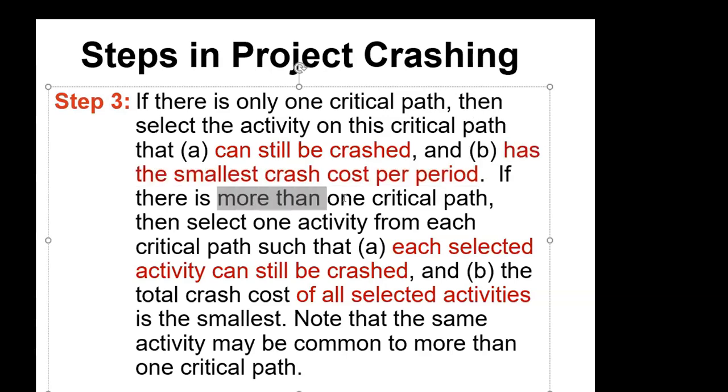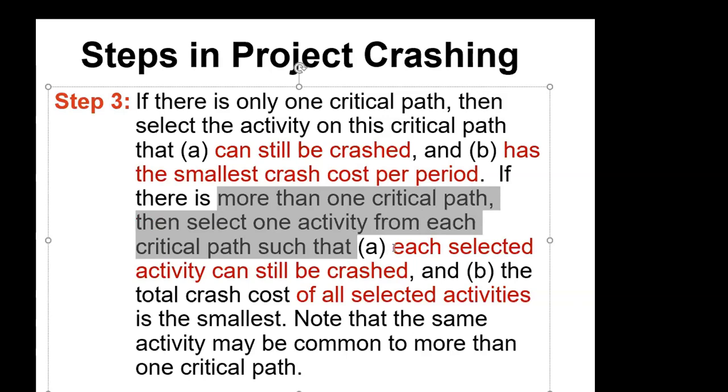If there is more than one critical path, then select one activity from each. So if you have 2, if you have 3 critical paths, right? More complex problems might have 2 critical paths. If that happens, you need to crash both at the same time by 1 activity.